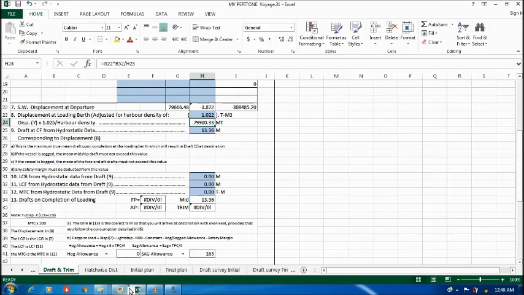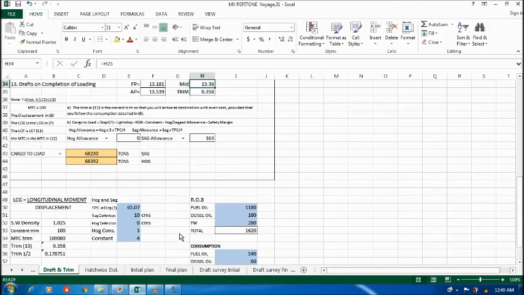We just put here the negative 4.32 with the LCF of 1.25 and an MTC of 110.80, which gives us a trim of almost 0.36, 0.358 centimeter of trim.